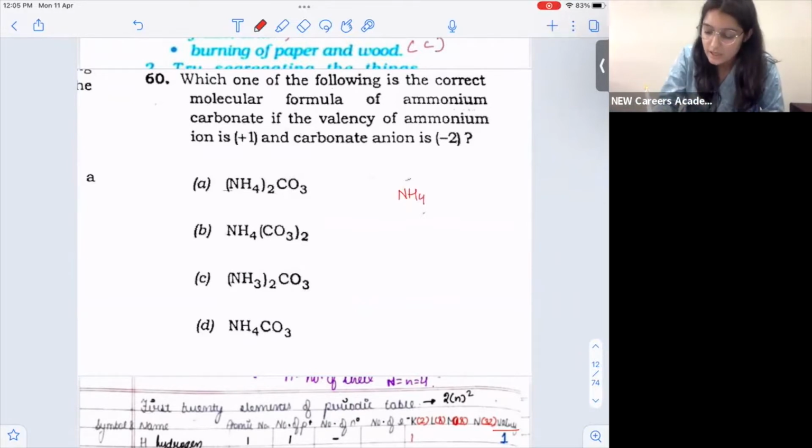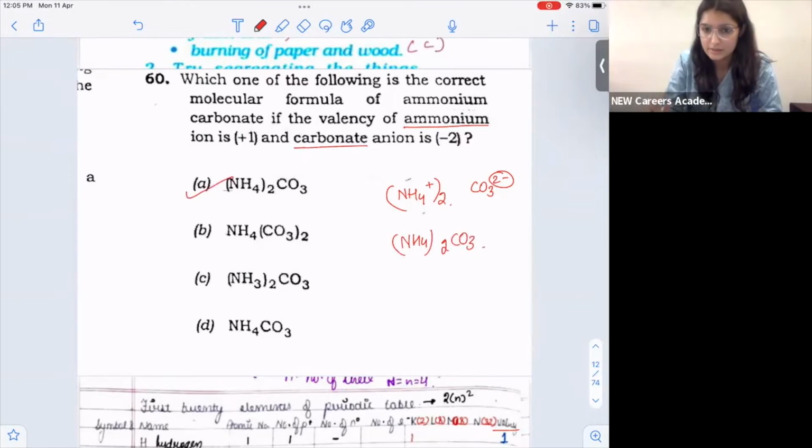So see, ammonium ion has 1 unit positive charge, NH4 positive, and carbonate is CO3, 2 negative. So to balance this 2 negative, we need to have 2 molecules of ammonium. The formula is (NH4)2CO3. Option A is correct answer.